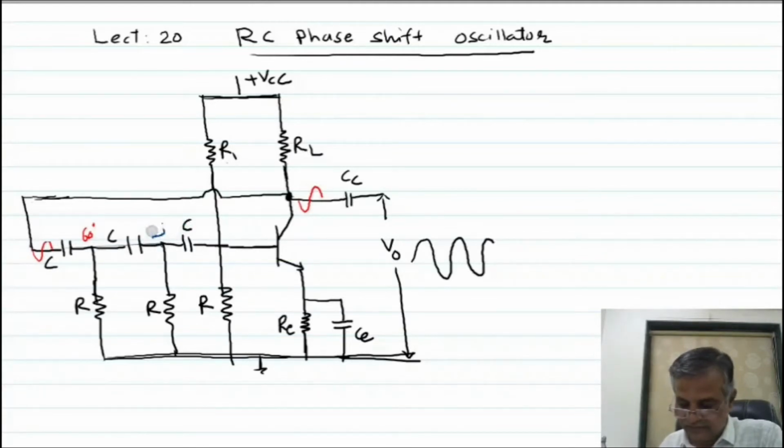Again look here. The transistor itself produces 180 degrees, means this amplifier produces 180 degrees.